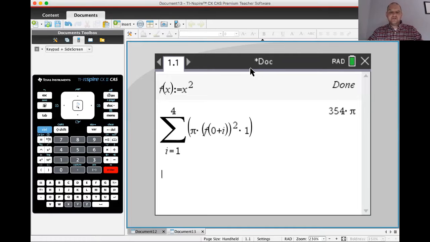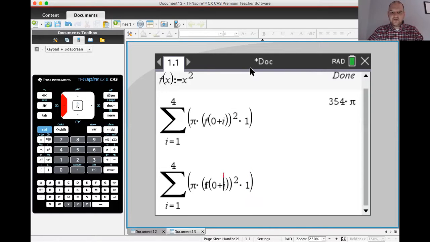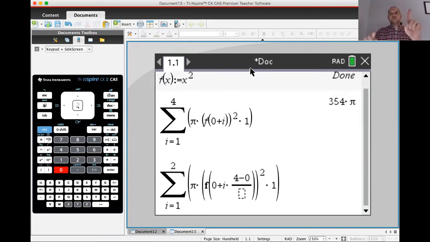So I'm going to press enter, and I get that. Can I modify this a little bit? Let's try to do the one that only had 2 cylinders. So I would go from i equals 1 to 2, right? You always start in the first cylinder and you end in the last cylinder, which if you're doing 2 would just be 2. So from 1 to 2. My delta x changes though, right? So it's going to be i times delta x, which was 4 minus 0, where you end minus where you start, divided by 2.